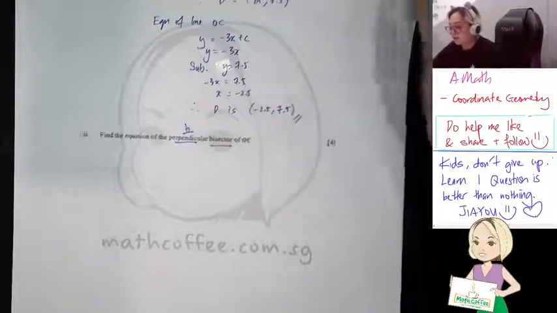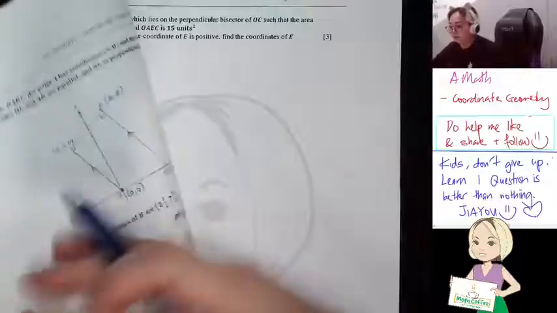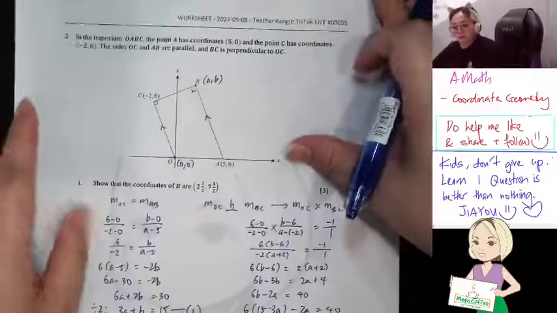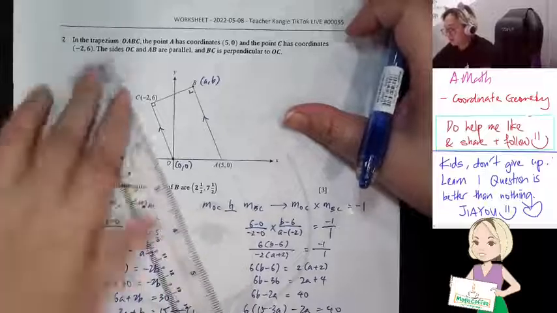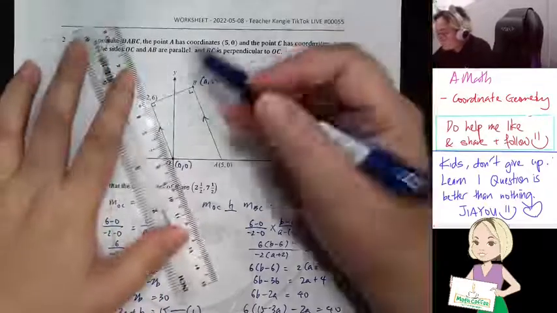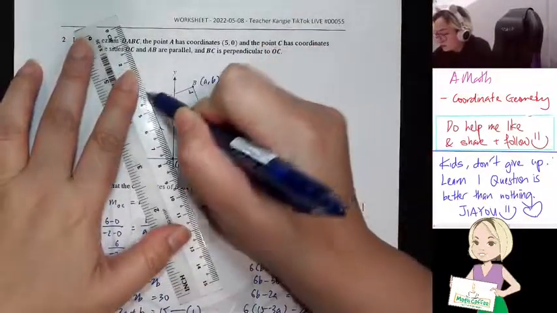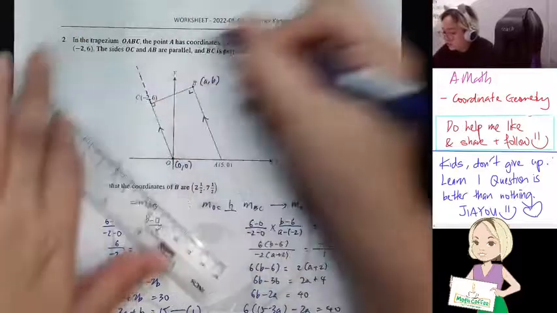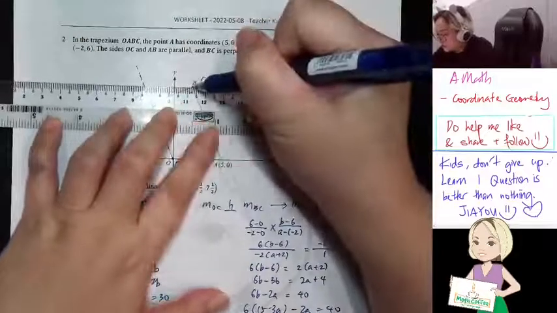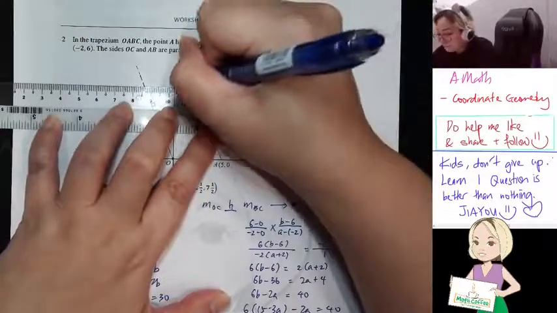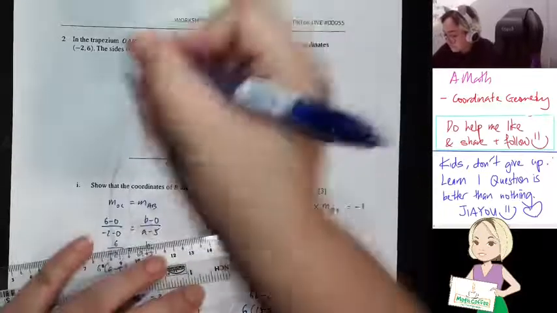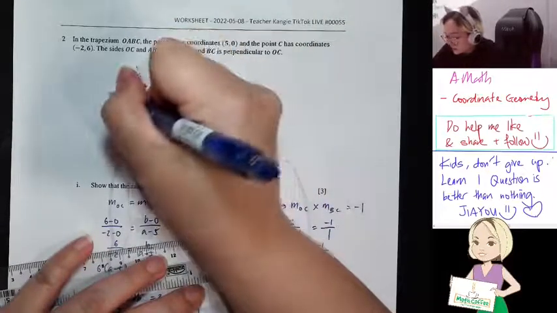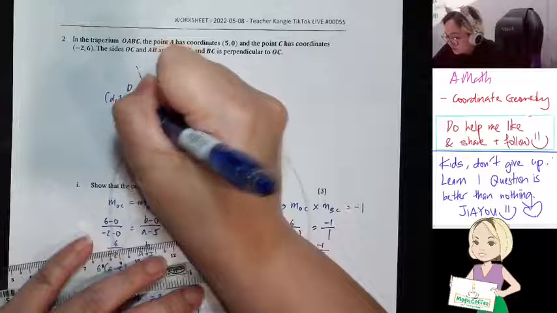So if I go back to my diagram, let me just extend the line first. So we extend this, and then we know that point D is here. So this one is D, and this one will be D, 7.5.